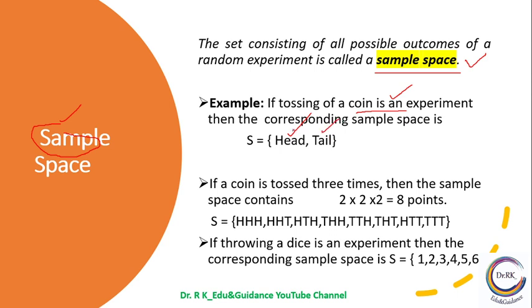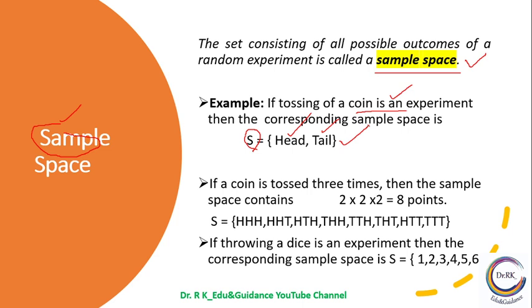These two are the possible outcomes related to the experiment, that is tossing of a coin. If we put this in set form, and generally we denote it by S, this is called the sample space.